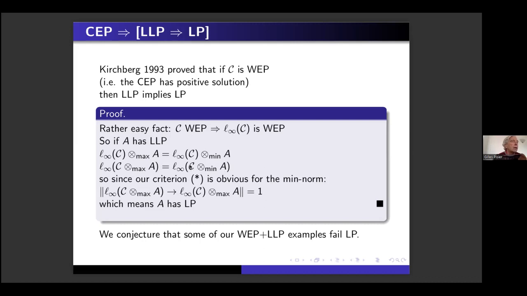So the single pair (A, C) is nuclear, so min and max are the same. I can write the first line because L infinity C is WEP and A has the LLP, and the second line because C is WEP and A has the LLP.